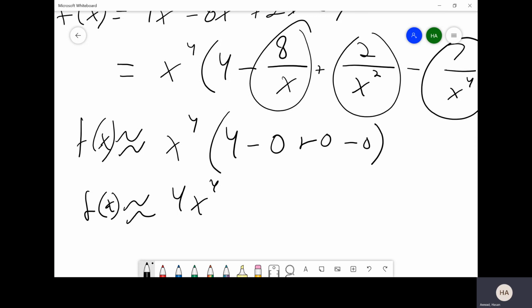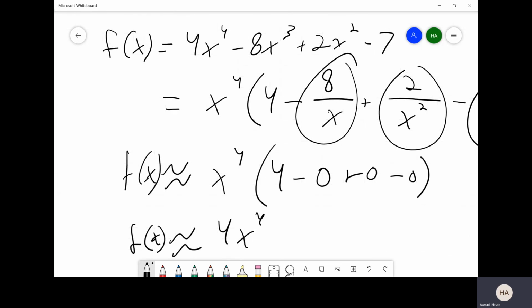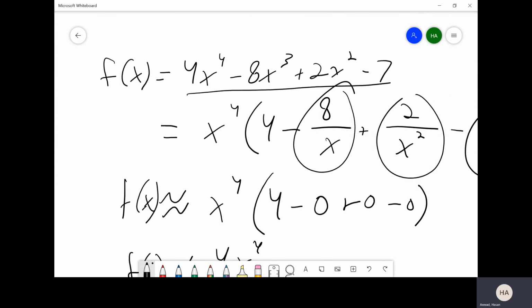So what was the whole point of this demonstration? The whole point of this is to show you that we may have started with this really annoying looking polynomial, but the leading term is always the highest power, the x to the highest exponent, and the leading coefficient of that is always just going to be the number that is multiplied against it.